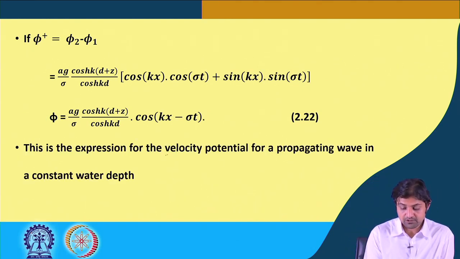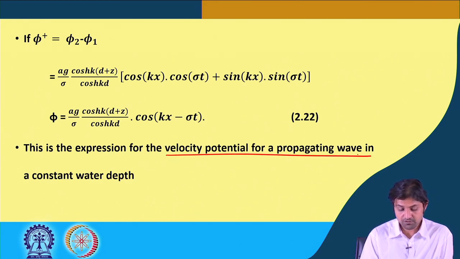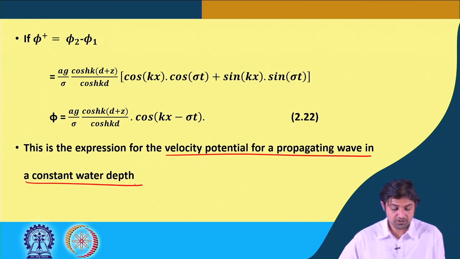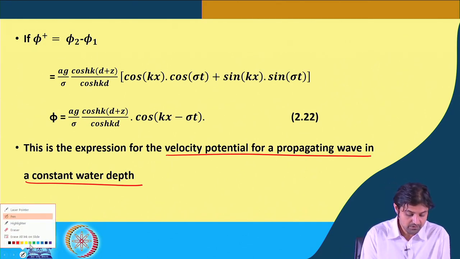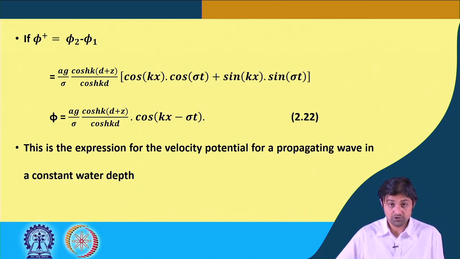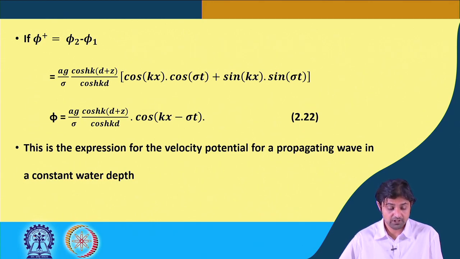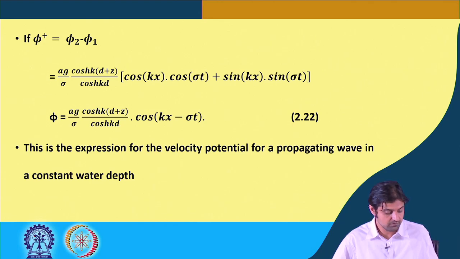As I said, this is the expression for the velocity potential for a propagating wave in a constant water depth. So, this is at one particular constant water depth. This is the velocity potential which we have derived purely from hydraulic assumptions and conditions.